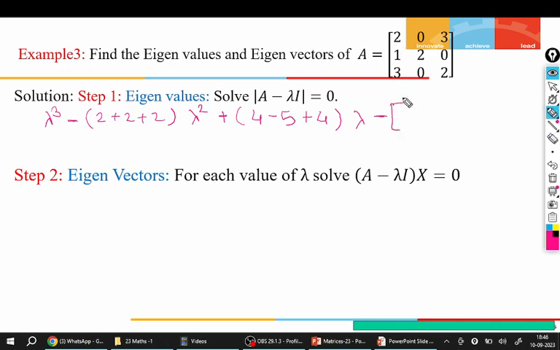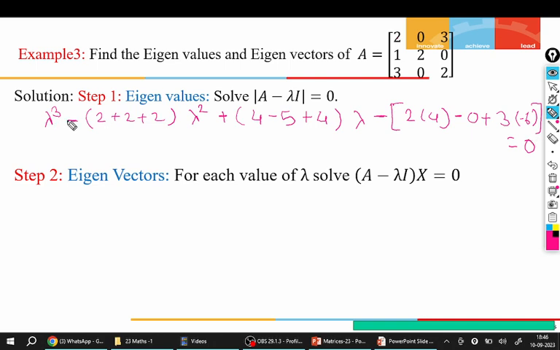So 2 into (4 minus 0), minus 0 into its minor, so no need, plus 3 into its minor, that is 0, minus 6, equal to 0.